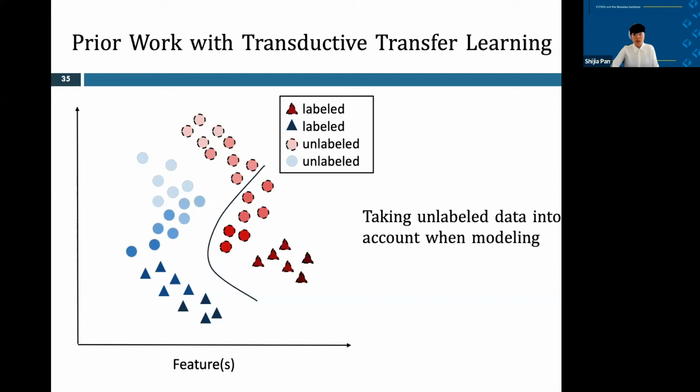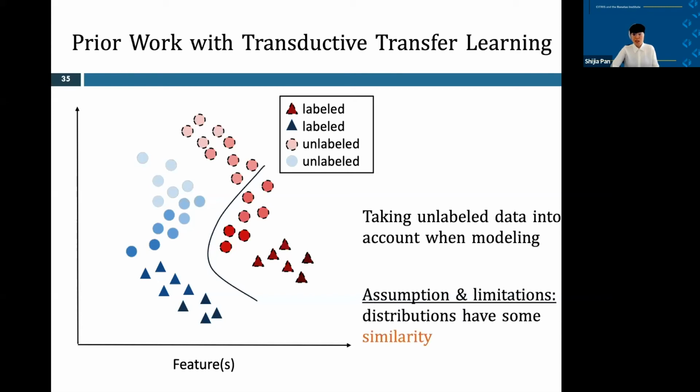Transductive transfer learning takes into account the unlabeled data's distribution when modeling. As you can see here, some of the unlabeled data that has a slightly off data distribution can still be modeled very accurately. But it does have a limitation: only unlabeled data with a distribution that has some similarity with the labeled data can be handled.